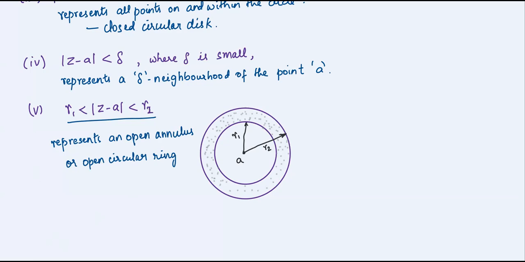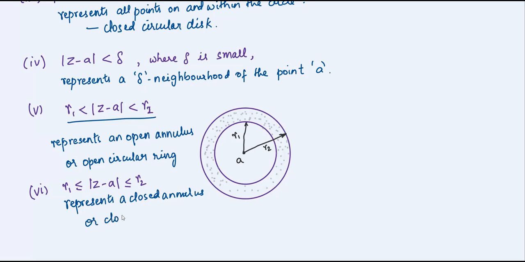Now the same thing, if we write it as modulus of z minus a lies between R1 and R2 and includes R1 and R2, this represents what? A closed annulus. This is called a closed annulus or a closed circular ring.